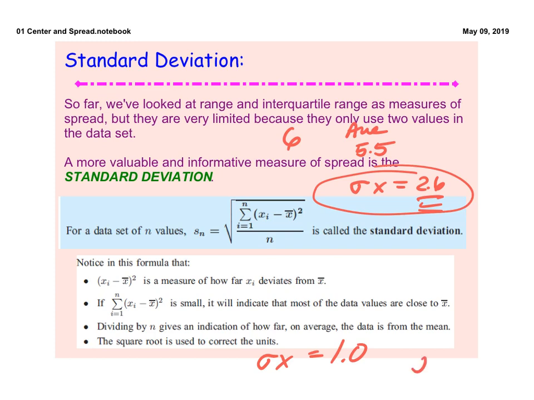Whereas if on some other test the standard deviation was 20, then that means a typical person is 20 points away from the average. That means that the average distance away from the average is quite big, which means the numbers are spread all over the place. All right, so that's my best description of standard deviation for you.